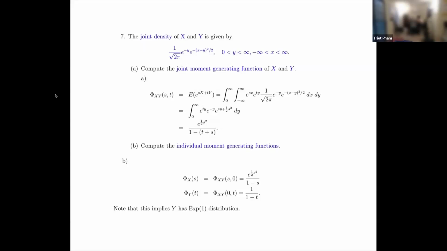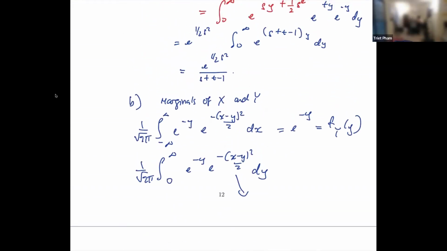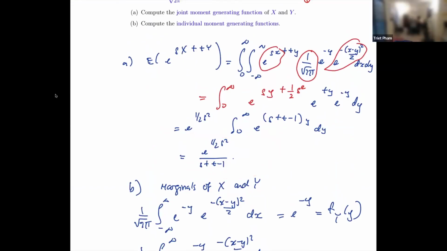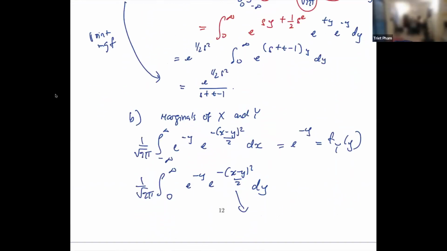We already calculated the joint MGF. The joint MGF is the expectation of e to the sX plus tY. So for the marginal MGF, you can just plug in 0 for the corresponding variable, and you get the other MGF.